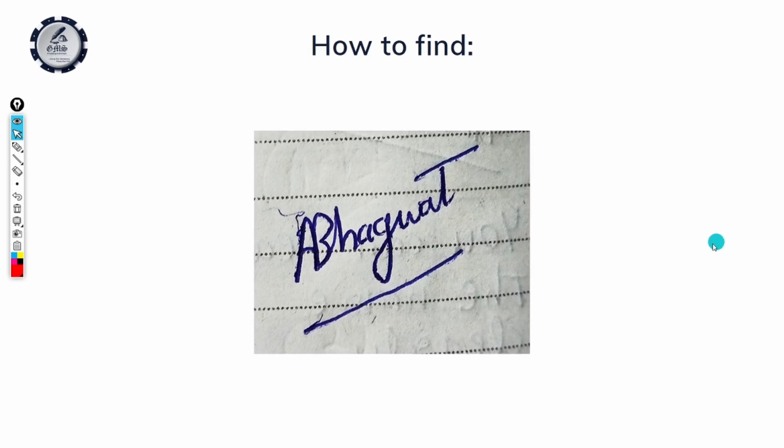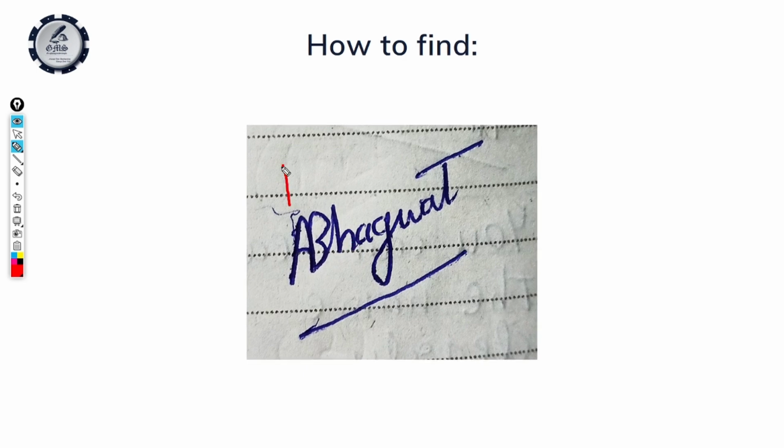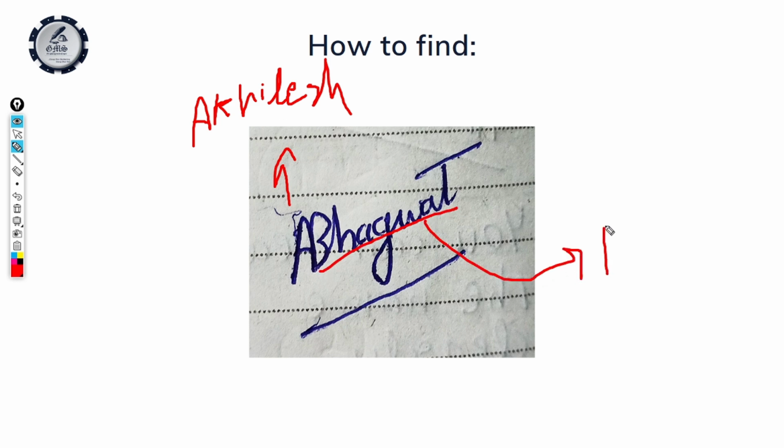In someone's signature, as you can see here, A stands for the writer's name. For example, my name is Akhilesh. So this is my name initial and this is my full last name. I have only added my A here; my other letters are not added.